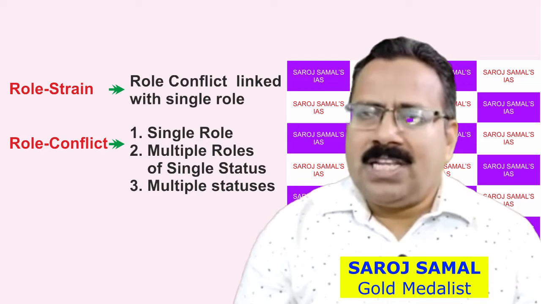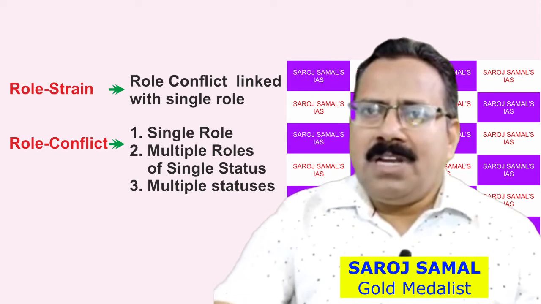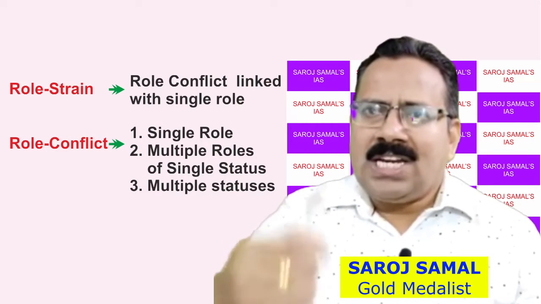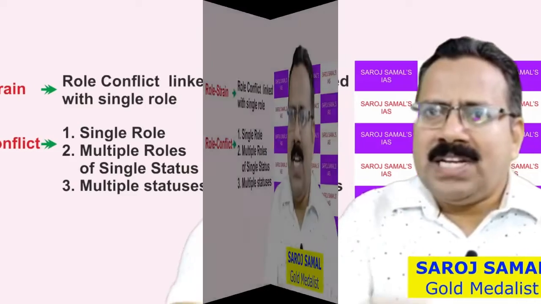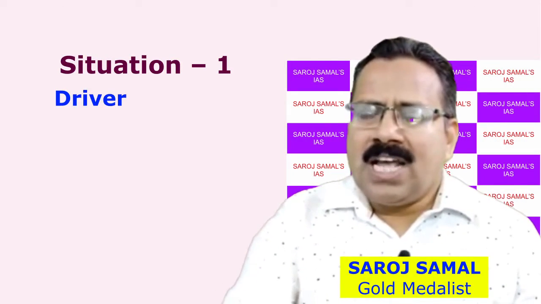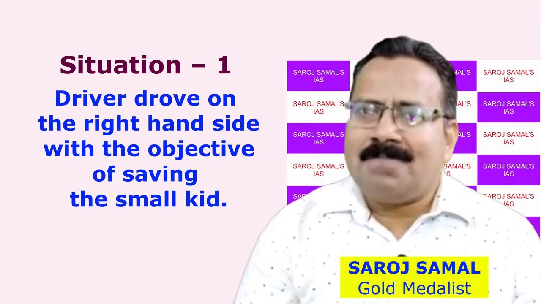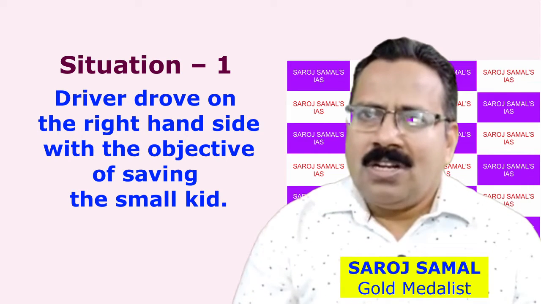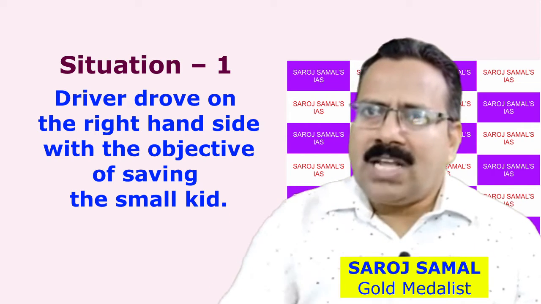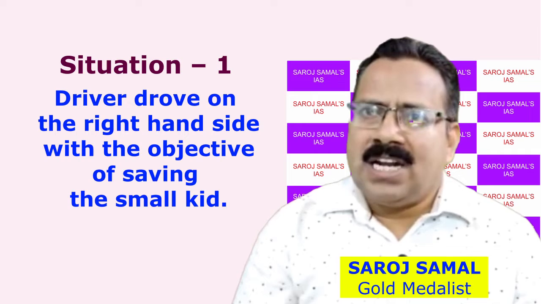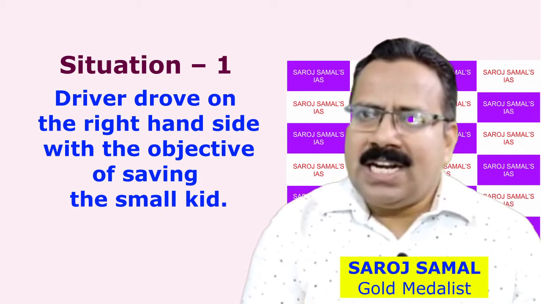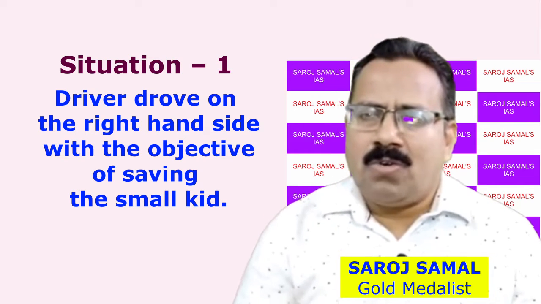For example, a driver is driving the lorry. Being a lorry driver, the driver was expected to drive on the left hand side of the road. But what happened? While the driver was driving on the left hand side of the road, all of a sudden the driver noticed that a small kid was also running on the left hand side of the road. Just to save the child, the driver started driving on the right side of the road.